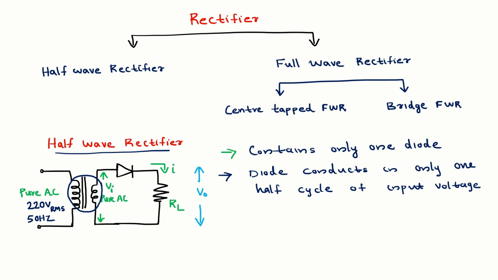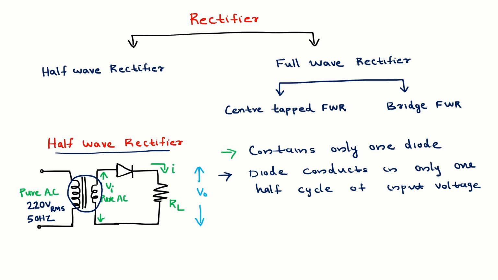So first we have to step down this voltage into a smaller one. For this purpose we are using a step down transformer, which reduces the 220 volt RMS voltage to a low voltage.